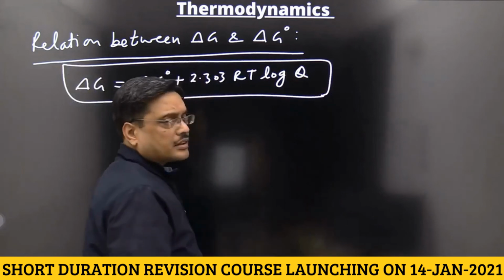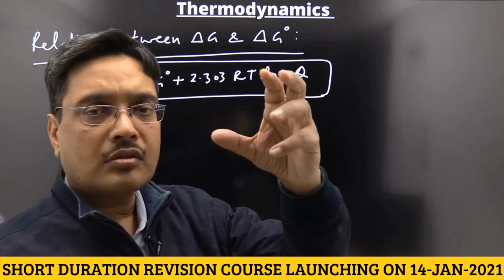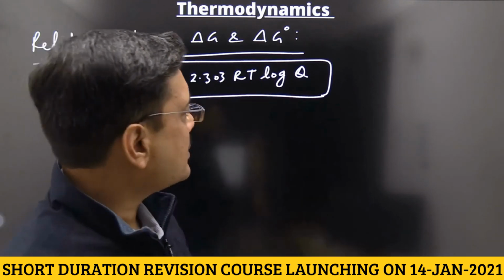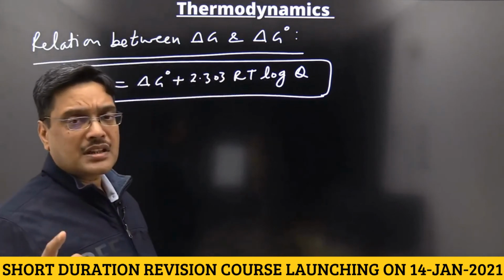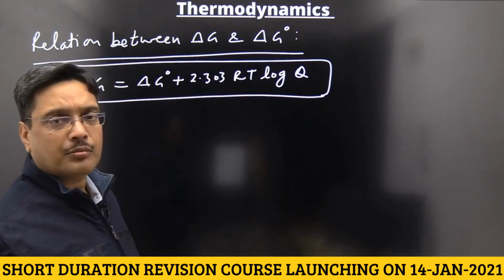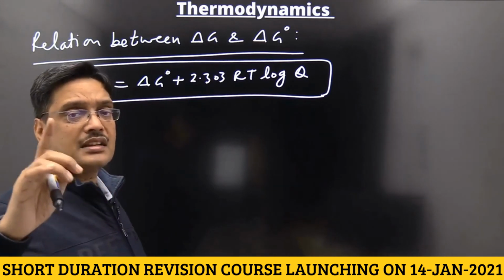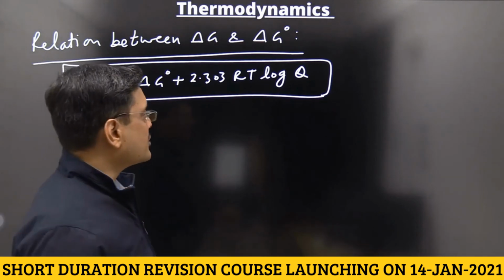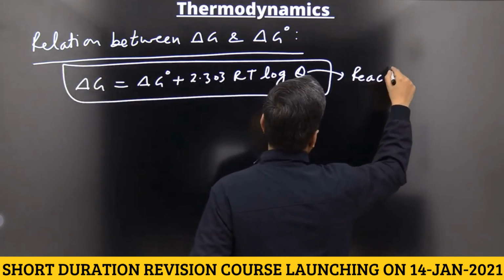You already know that the reaction quotient is the product to reactant ratio, the active masses of the products over the active masses of the reactants at any time. But when equilibrium is achieved, Q is replaced by K, the equilibrium constant, which is the product to reactant ratio at equilibrium.